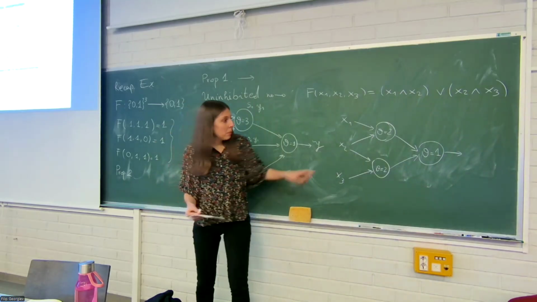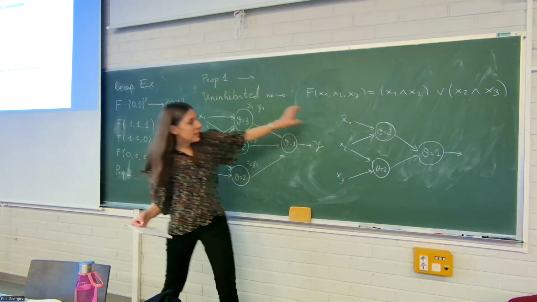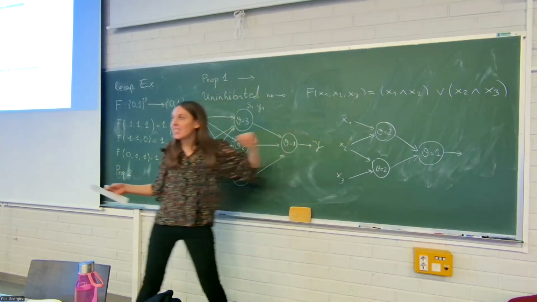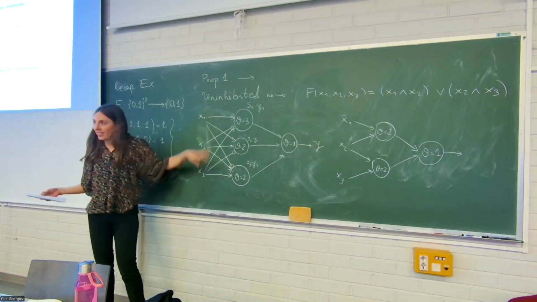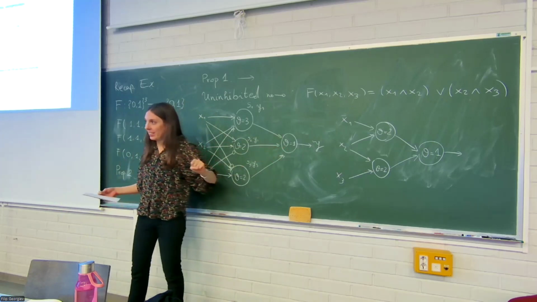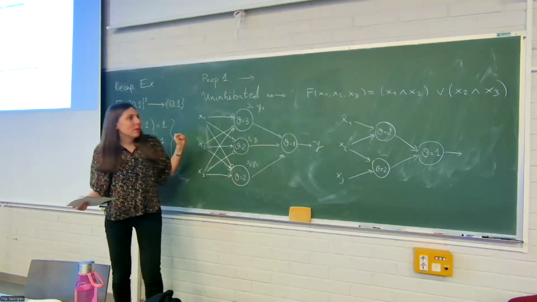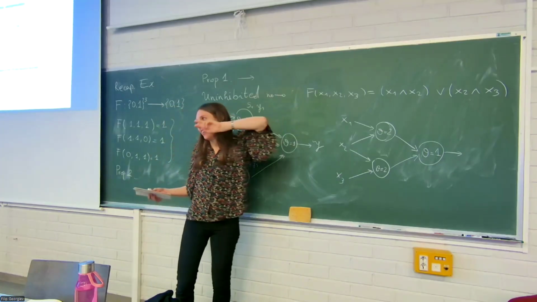So you see that proposition 1 is giving us a kind of, but since this was monotonic, a smaller network with fewer edges and fewer nodes. And this was doable just because we had very few variables, like we found a trick.